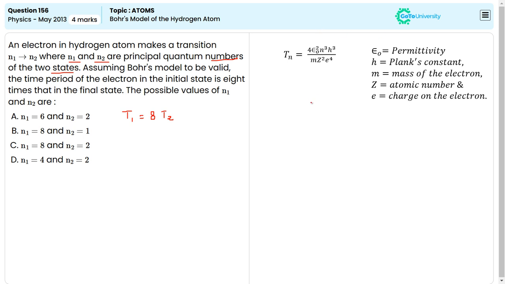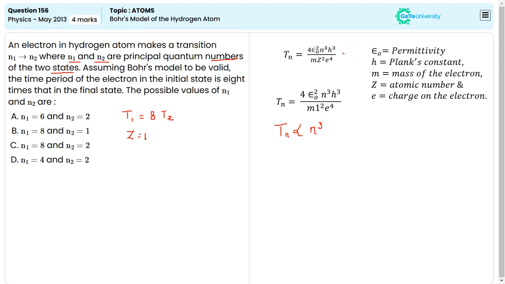Here z is 1. Substituting, Tn equals 4 epsilon naught squared n cubed h cubed divided by m times 1 squared times e to the power of 4. From this equation, we can directly say that Tn is directly proportional to n cubed.